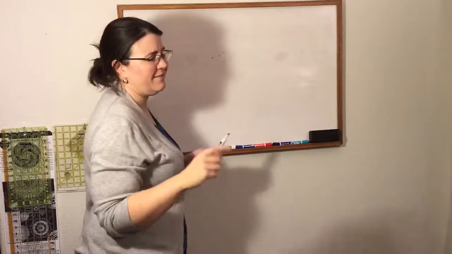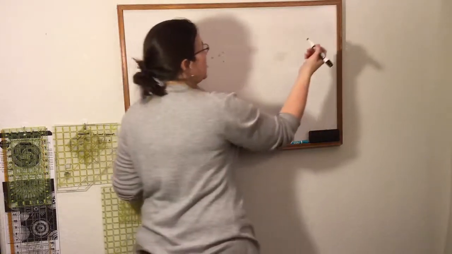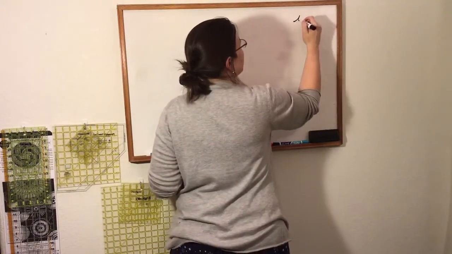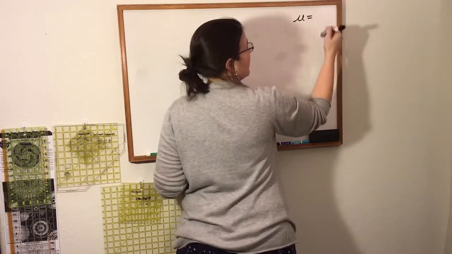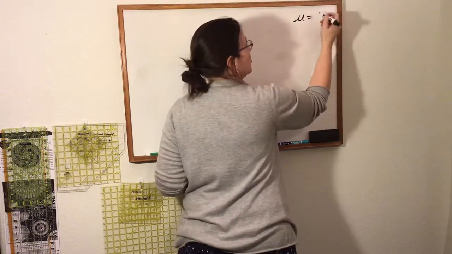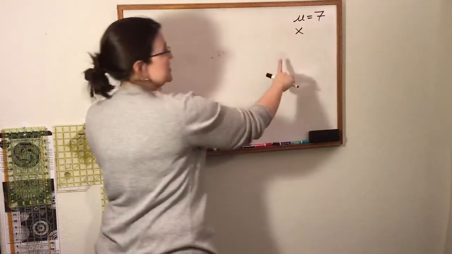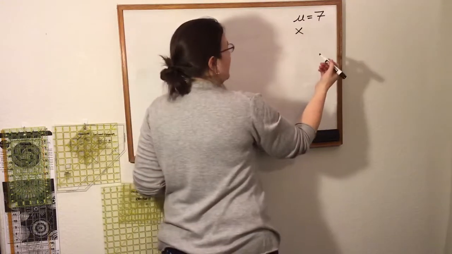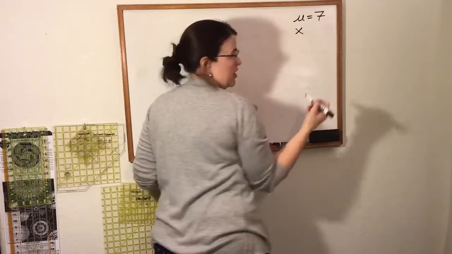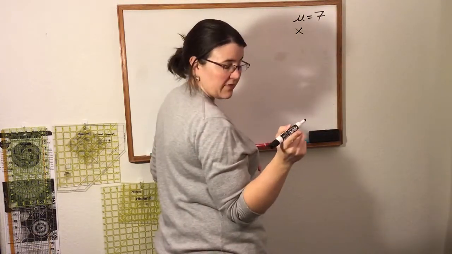Standard deviation, what you do is you take your mean, so my mean, that's the lowercase mu, which mine always looks kind of like a cursive U. Mine was 7. Your x values were those list of 10 that we had, and you're solving for standard deviation.